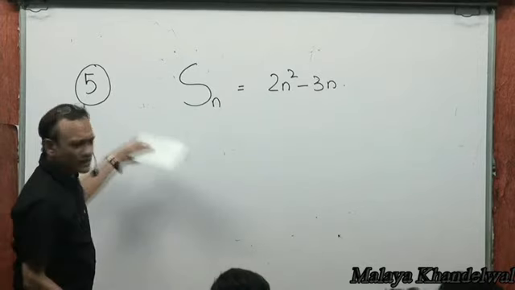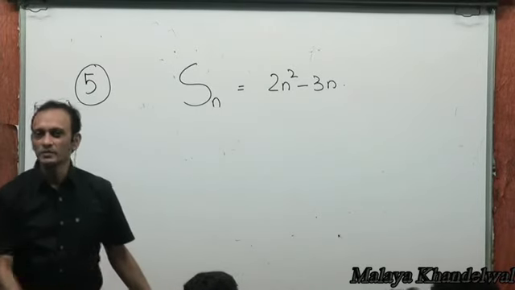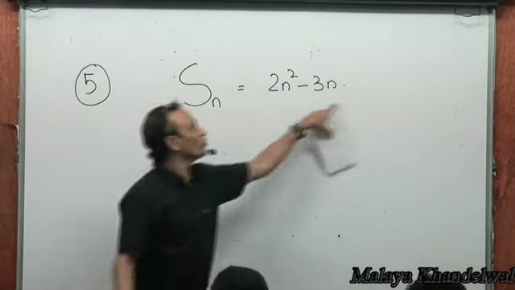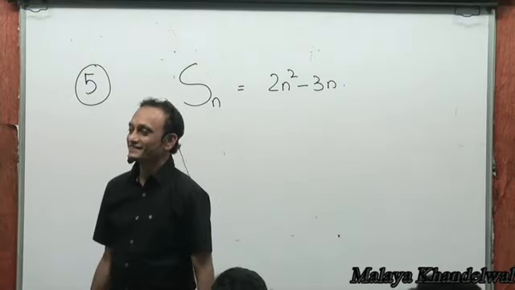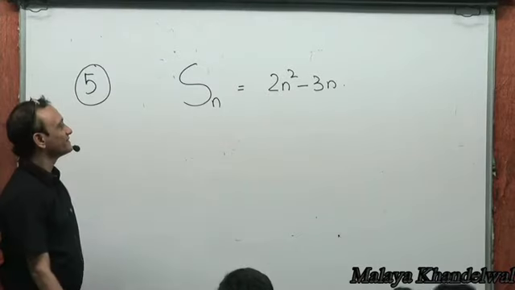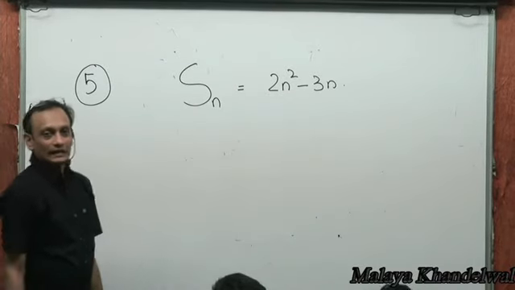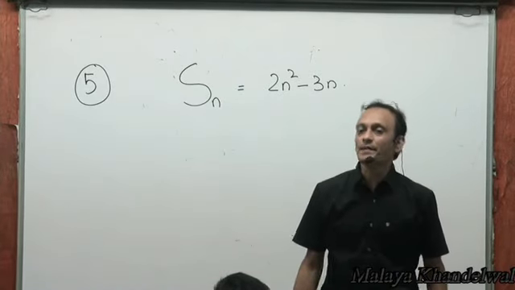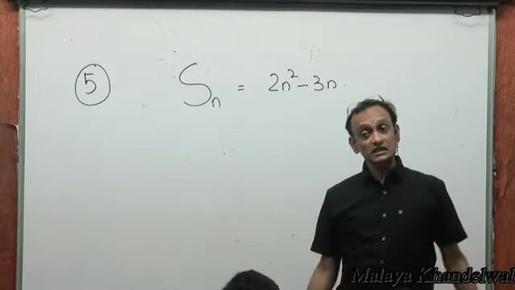Oh, okay. Sorry, I'll come back to 4. Let me finish this. I thought there was a 4 somewhere here which I skipped. So, don't worry. We need to examine the nature of a sequence whose sum up to n terms is 2n squared minus 3n.